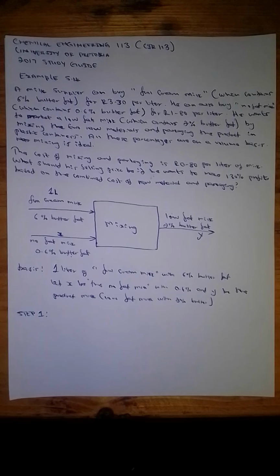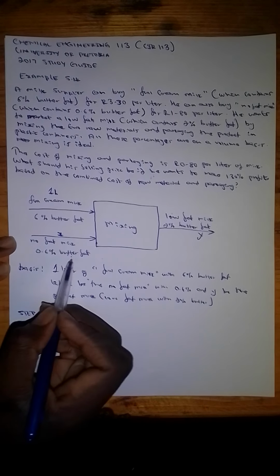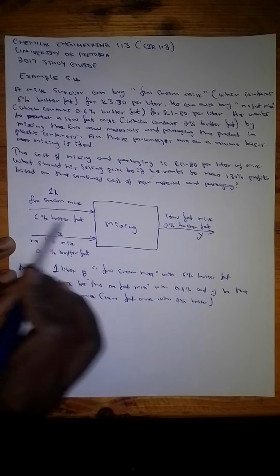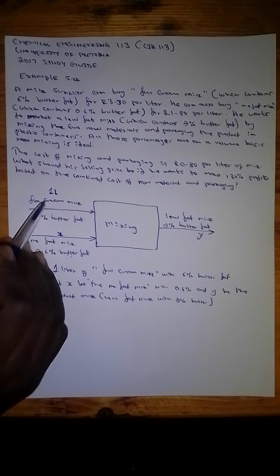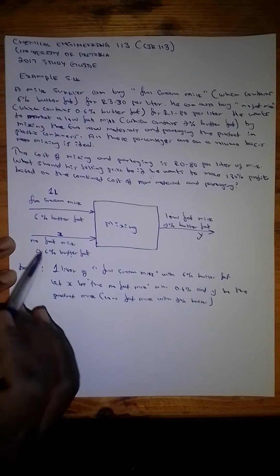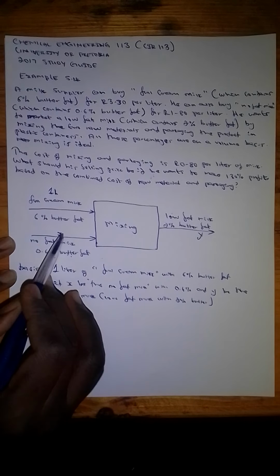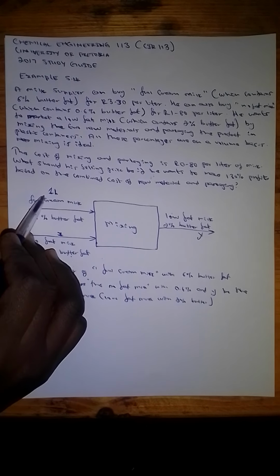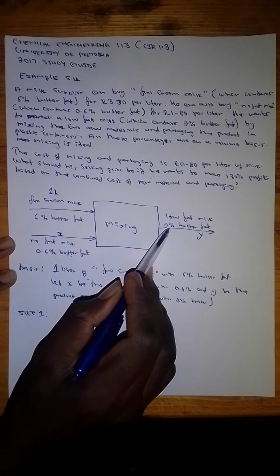The first thing we need to do is calculate our X. Remember that we have two milks mixing, and we've defined this to be 1 liter. We need to know at what proportions they are mixing. How much of the X are we mixing with the 1 liter to give us the 2% butterfat?